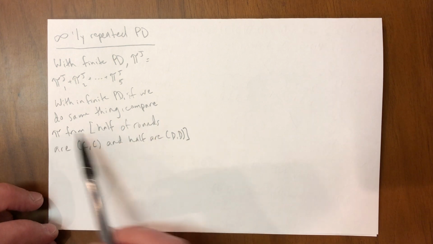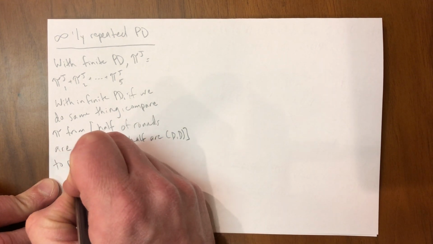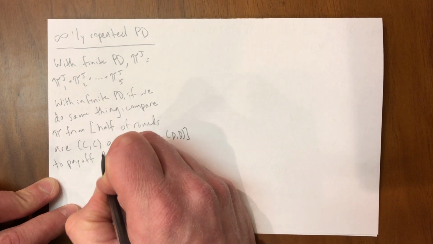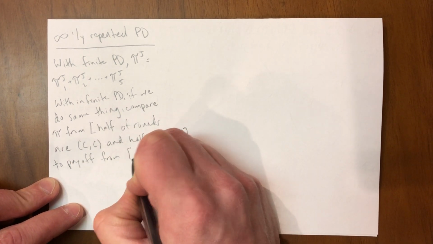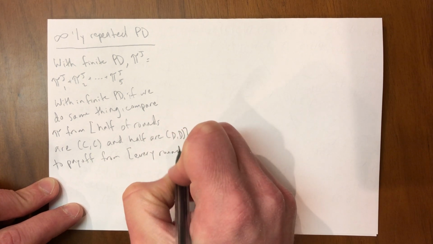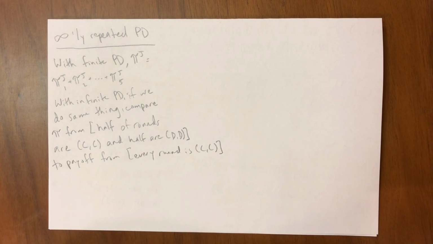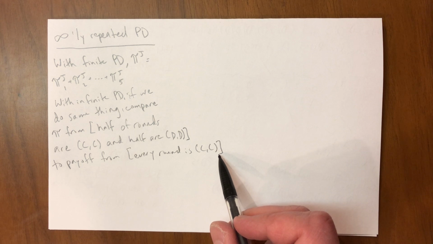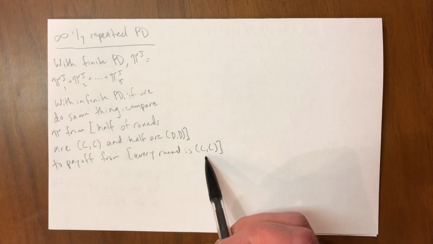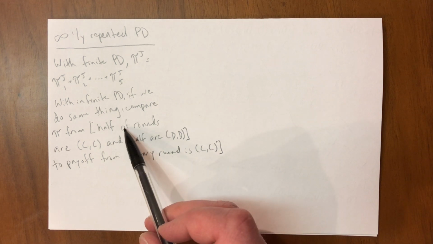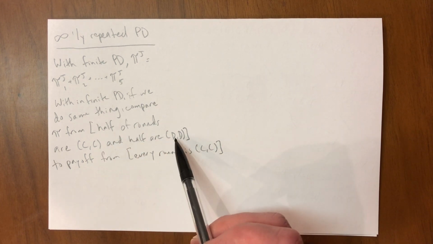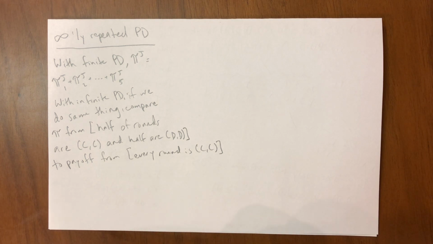Compare the payoff from that to the payoff from every round being CC. Intuitively, the latter should be better, right? Because if every round is CC, you're getting a payoff of 1 every single period. In the first outcome, where half of the rounds are CC and half are DD, you're getting 1 in half of the periods and 0 in half of the periods. So that should be less, right?